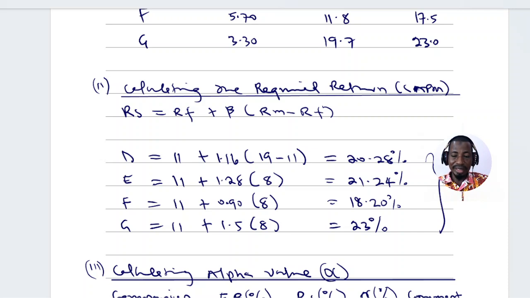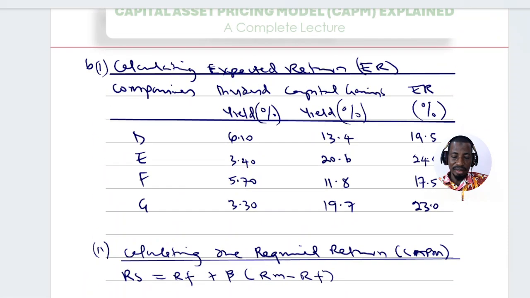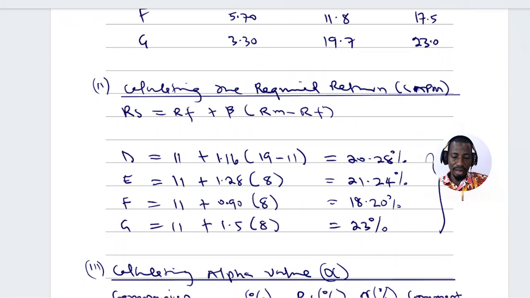When you look at the risk, the risk of Dashing is 1.16. The risk of Fantastic is 0.9.